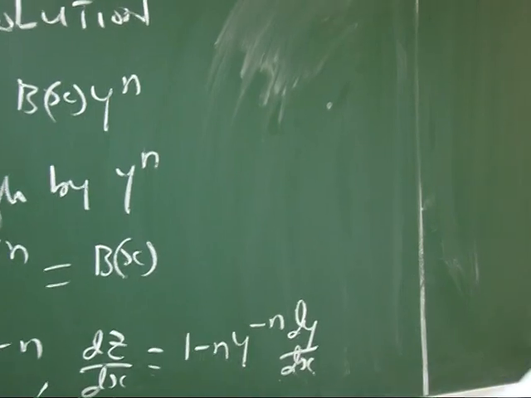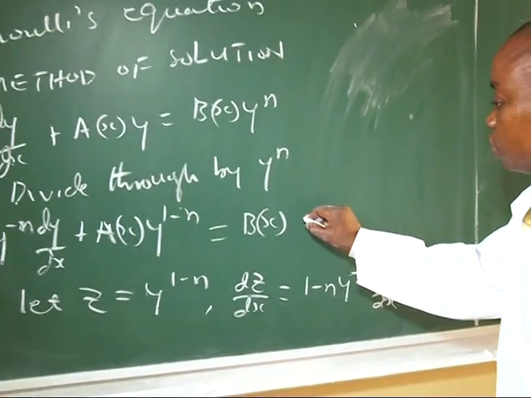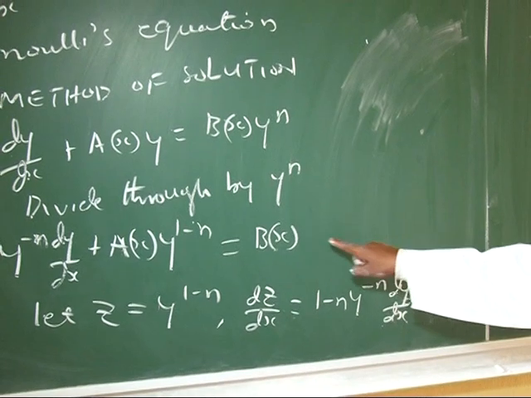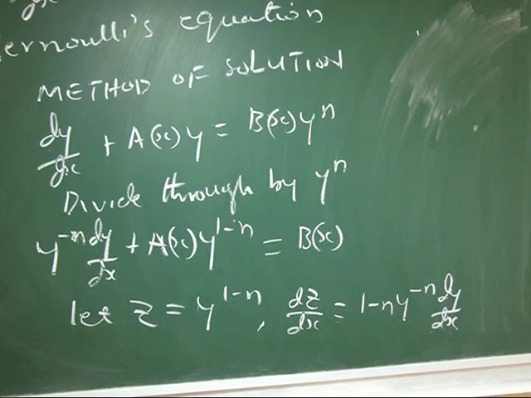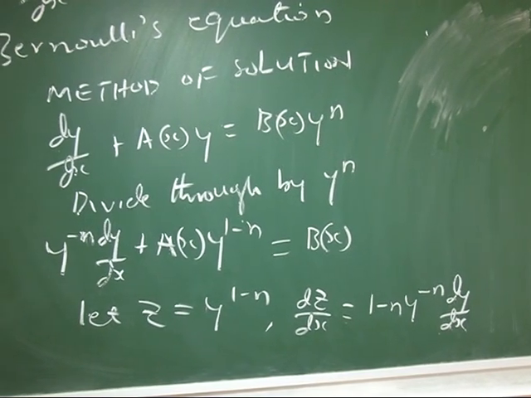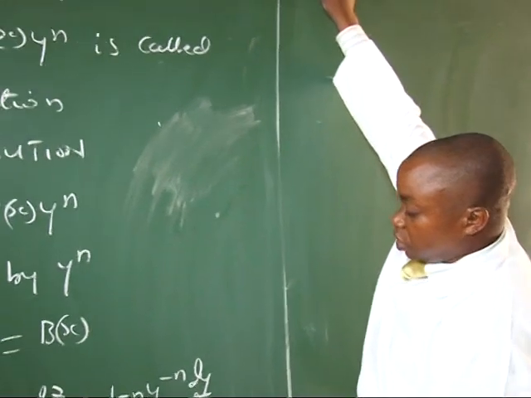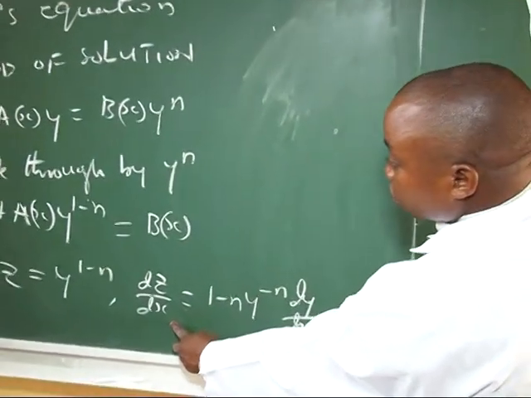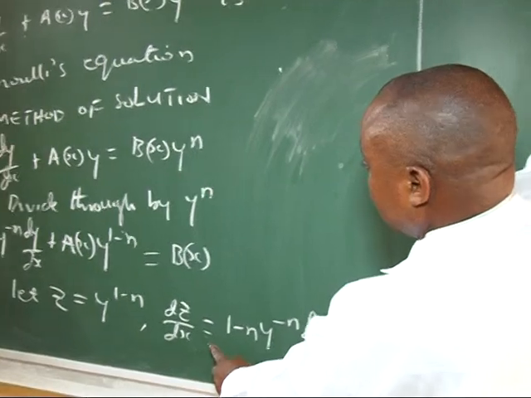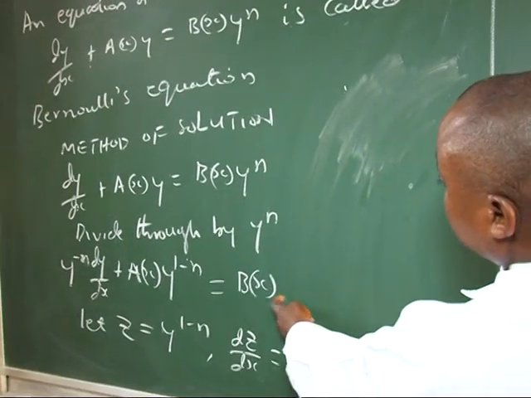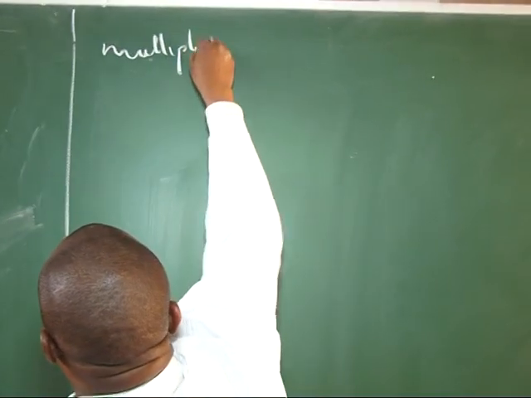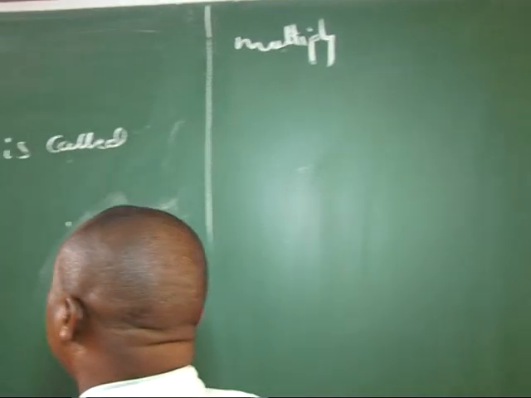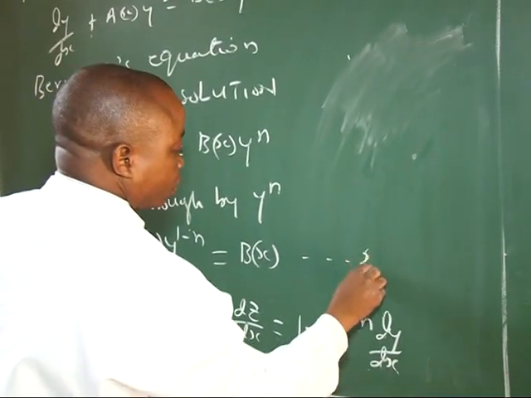Okay. Now, I'm going to substitute this in this equation. If I put this in this equation, I will have y. You see, this is dy/dx now. So let me multiply this by 1 minus n. Let me name this equation 2.